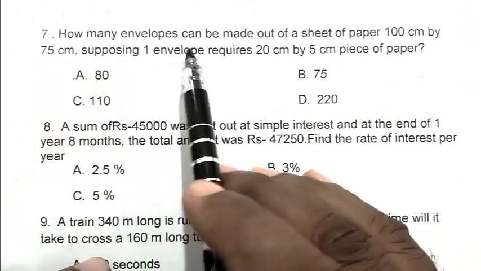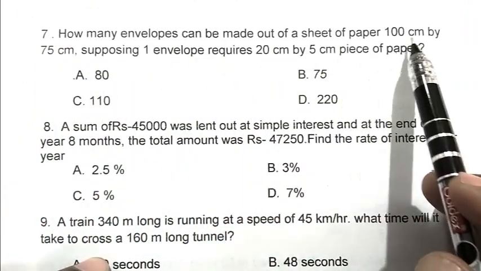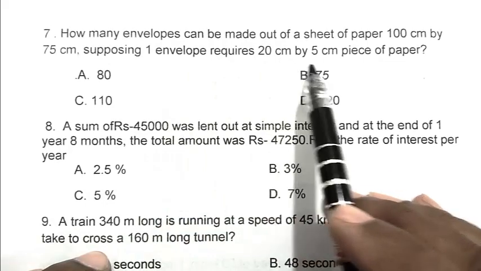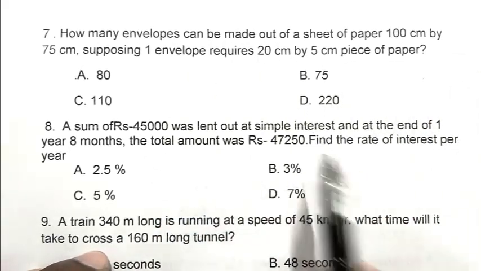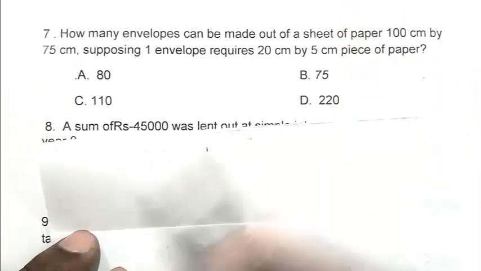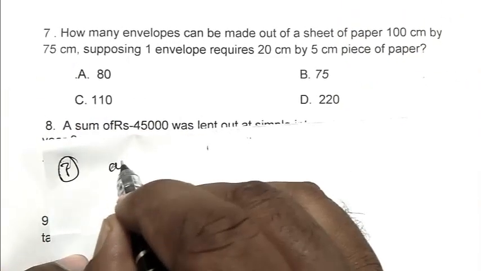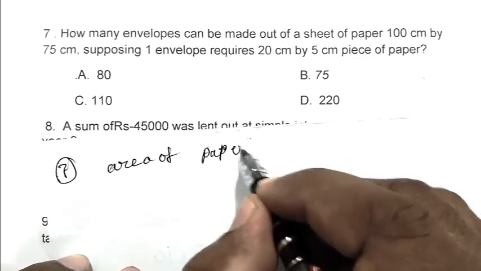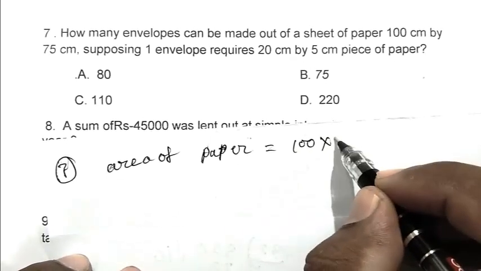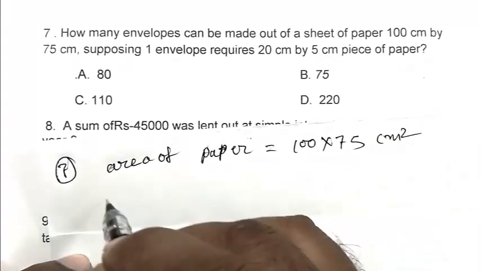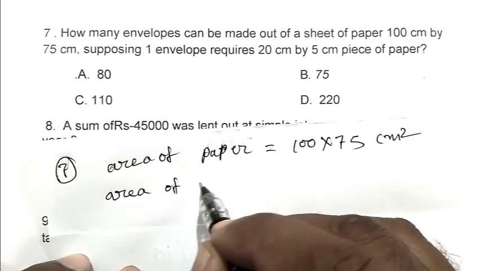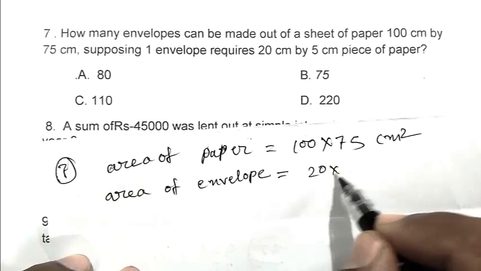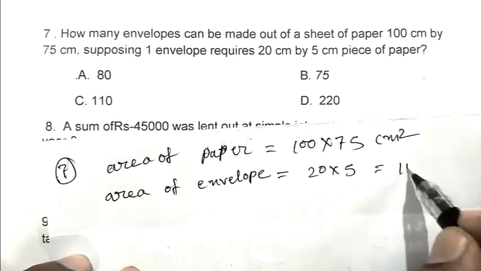Question number 7. How many envelopes can be made out of a sheet of paper 100 cm by 75 cm, supposing one envelope requires a 20 cm by 5 cm piece of paper. Area of paper is 100 into 75 centimeter square, area of envelope is 20 centimeter by 5 centimeter, that is 100.